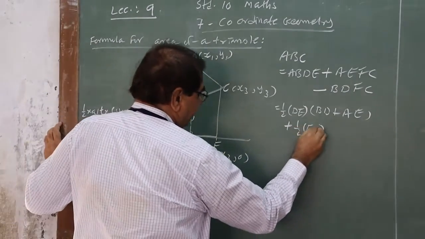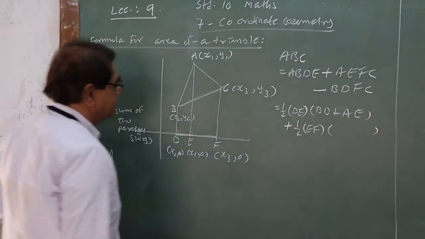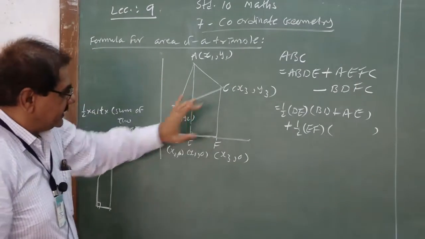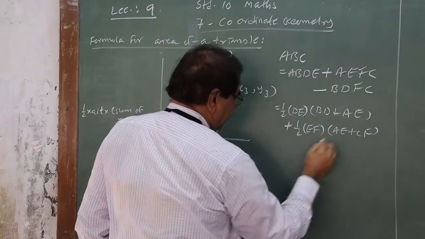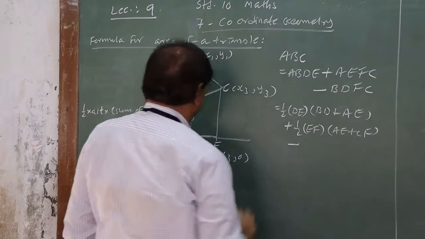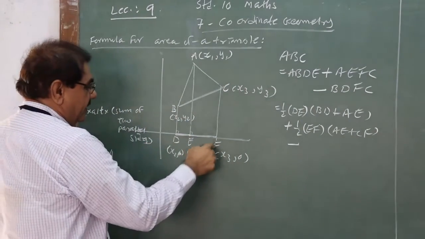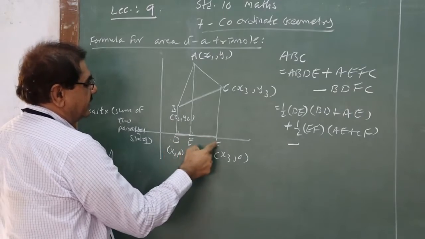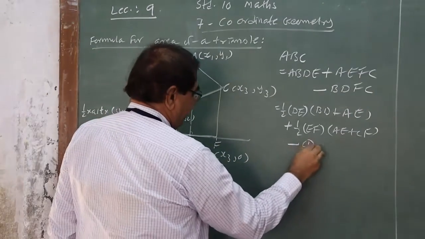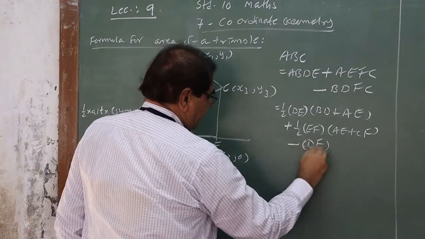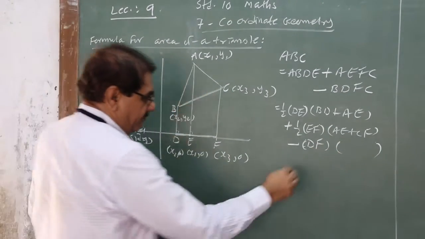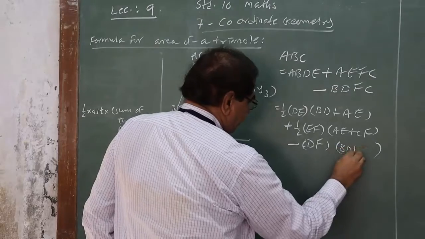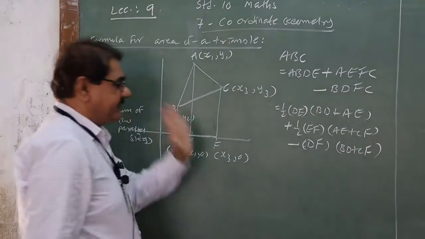EF. And what are the parallel sides? AE plus CF, minus the third trapezium BDFC. What is the altitude? DF. And what are the parallel sides? BD plus CF. Okay, it is a basic thing.